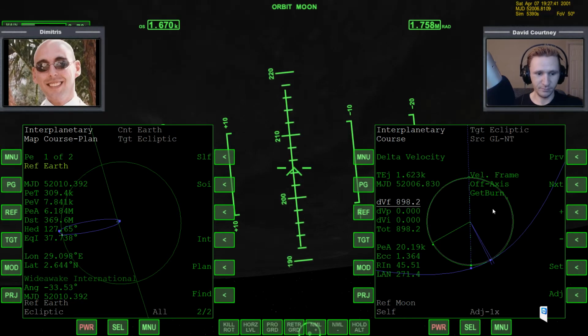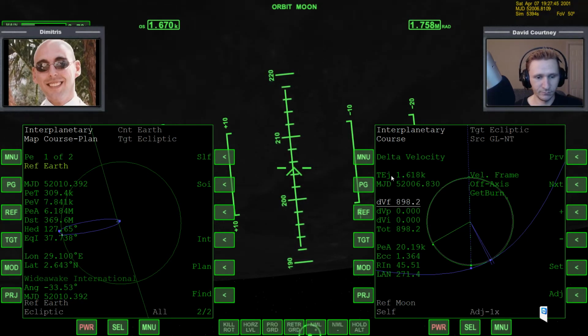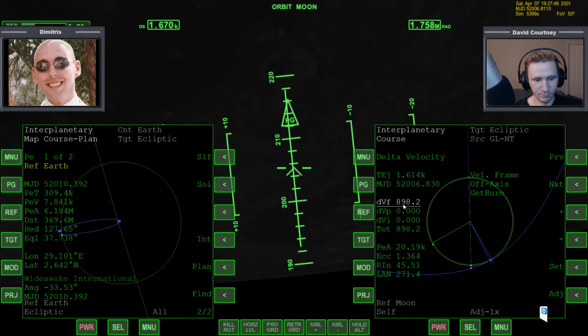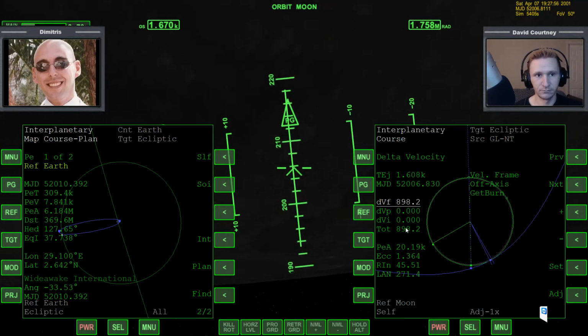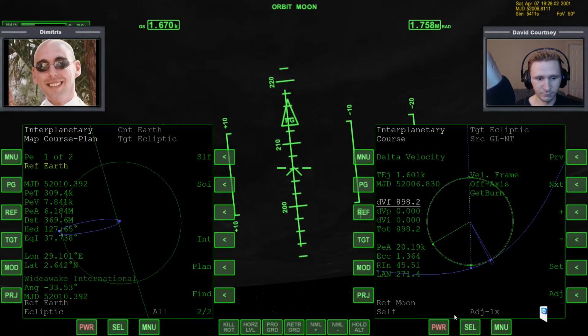Okay, that's right. Now these are the parameters that we can change. The time to ejection and the prograde velocity are mostly the ones that make the most change, and then we can fine tune with these two. But it really depends on the flight and the position of the moon around the Earth.